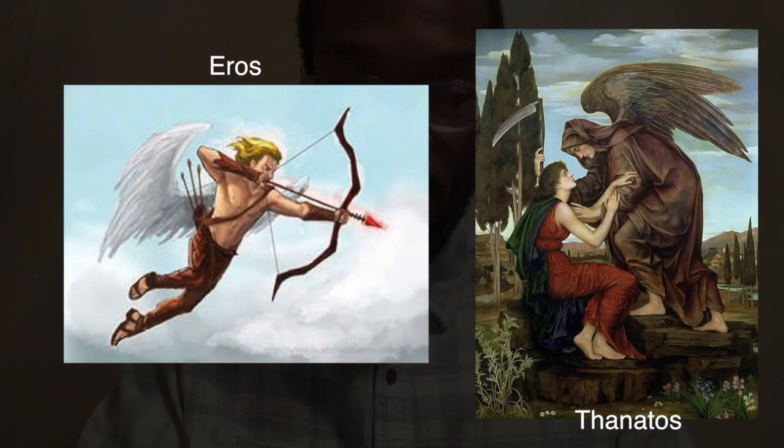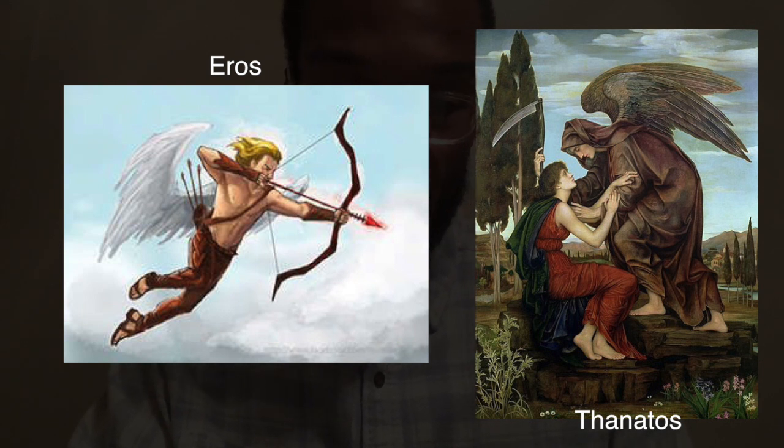So Sigmund Freud concluded that all instincts, in his book Beyond the Pleasure Principle, fall into two major classes: life drives and death drives, referred to later by psychologists as Eros and Thanatos. Eros was the Greek god of love and sex. His Roman counterpart is Cupid, god of desire, erotic love, attraction, and affection.